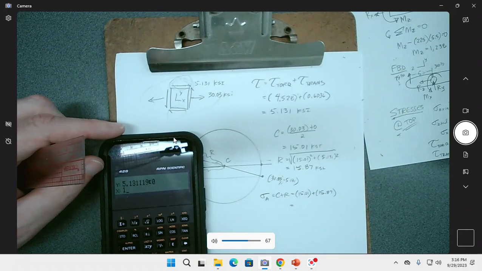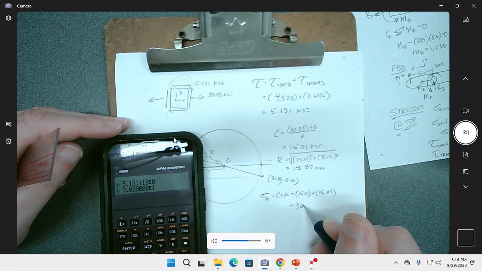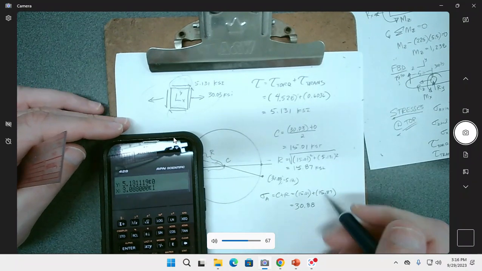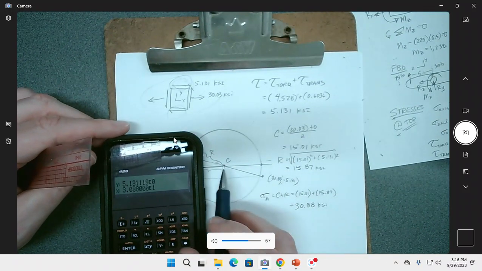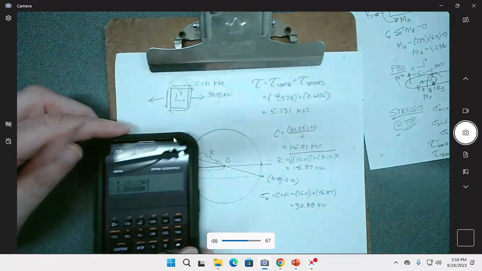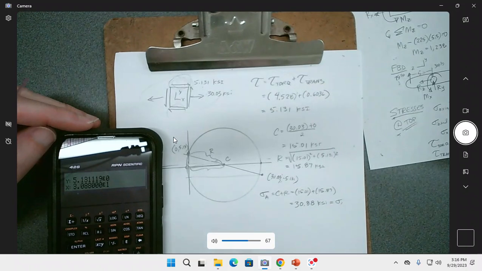I did that wrong. 15.01 plus 15.87, so we get 30.88. Once again, not just because the way things worked out, because the relative values between here and here, it doesn't change this one. But this is also equal to sigma 1.